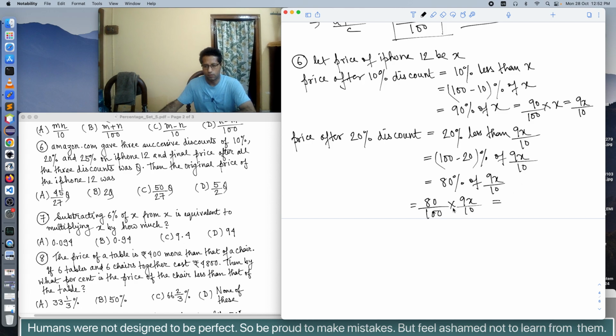After simplification, if you cancel a 10, we get 72X by 100.